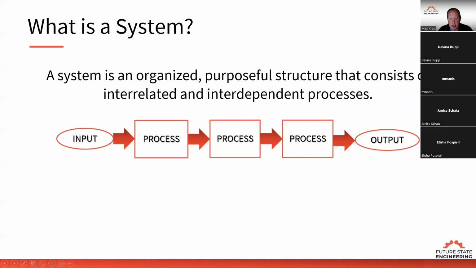The second process is dependent on the first process. The second process can't do its work until the first process completes theirs. Now, if the first process doesn't give the second process what it needs, then that's a problem. If the second process doesn't have sufficient things to do its work, that's a problem. We can use Six Sigma to address that.